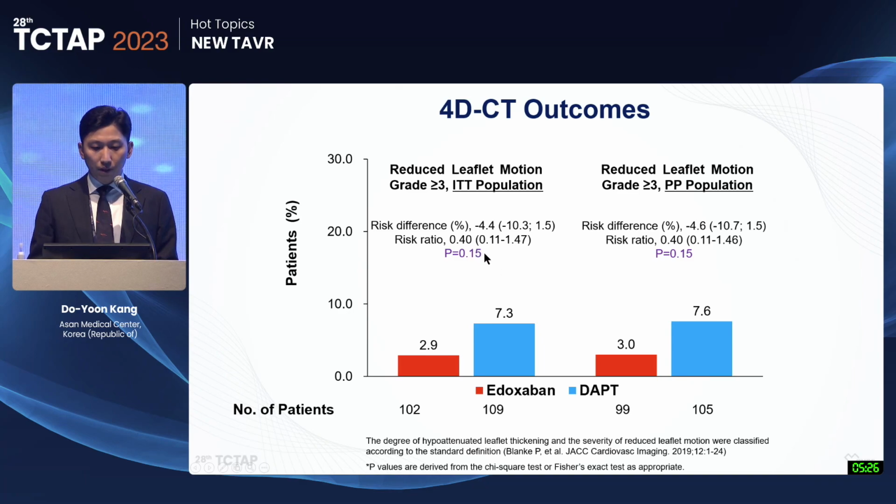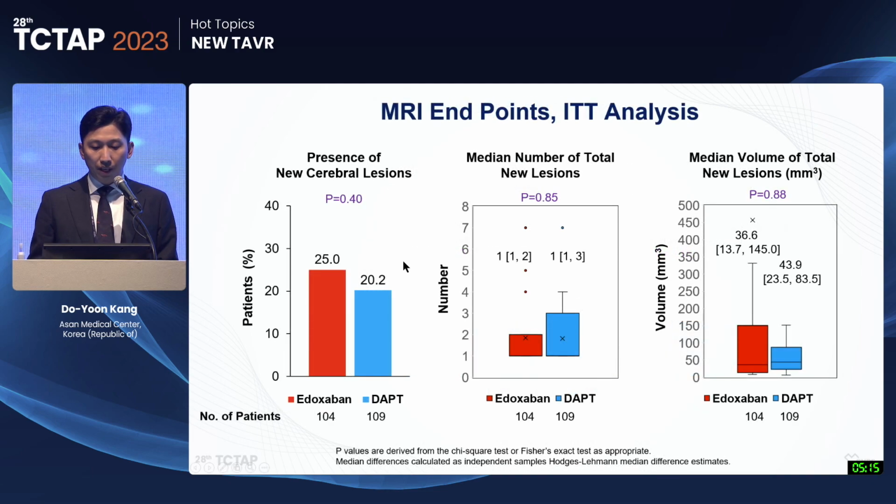The leaflet motion grade was a little bit better in the edoxaban patients, but not different because of the smaller patient number. However, for the MRI endpoint with new cerebral lesions, the number of new lesions and the new lesion volume were not different between the edoxaban and dual antiplatelet therapy.